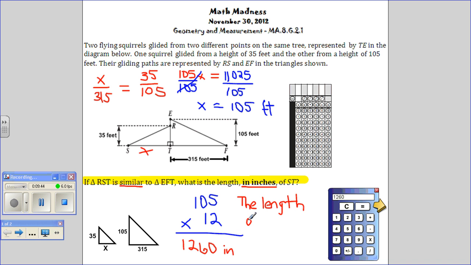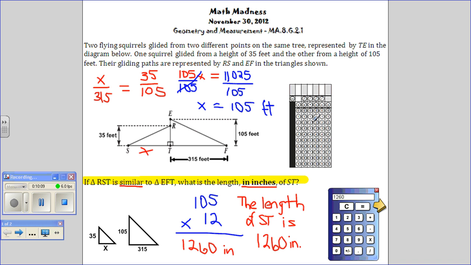The length of ST, capital S, capital T, make sure you're getting all this down to get credit, is 1,260 inches, period. And that is it.